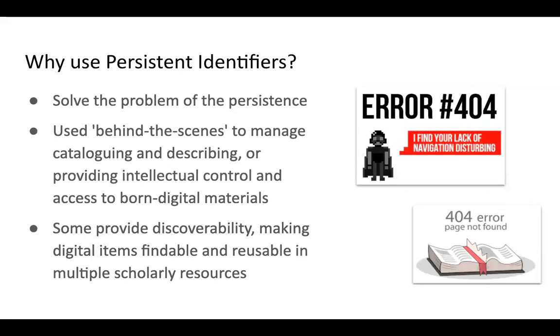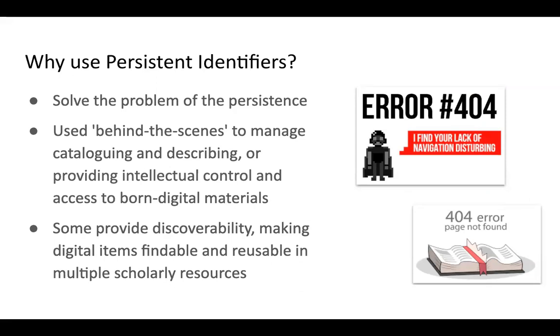So why should we use persistent identifiers? These persistent identifiers solve the problem of persistence of our cited resource, particularly in the scholarly literature. A large issue with digital content nowadays is things can easily move or even disappear.